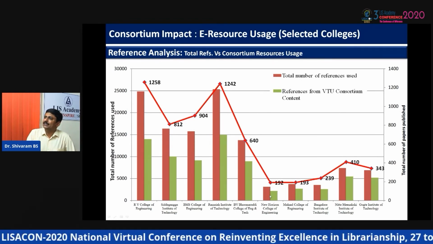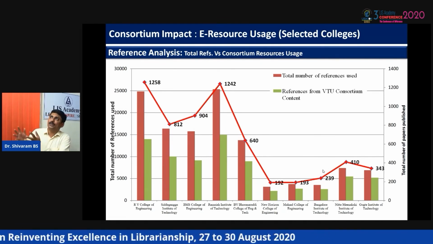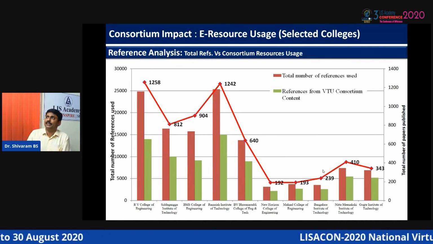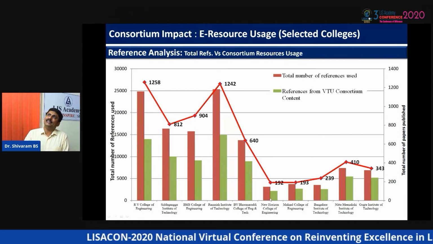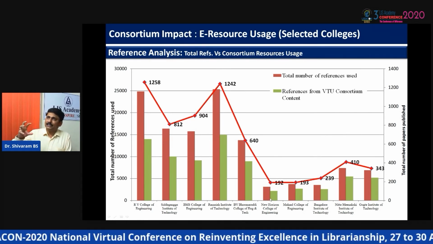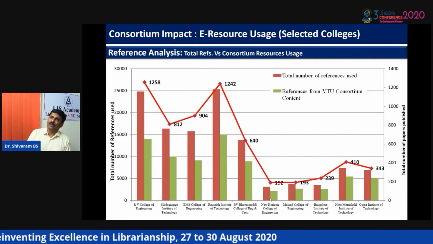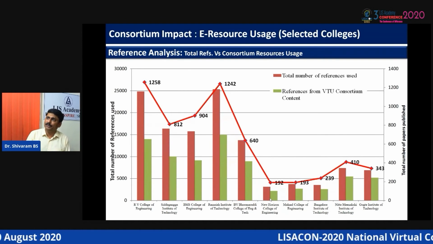Tier 2 college researchers are using our own e-resource content, VTU e-resource content has been referred there, and they have cited that. So with this data, we can clearly say that whatever collections we are subscribing to for the VTU Consortium have been made use of by the VTU research community, student community and faculties.